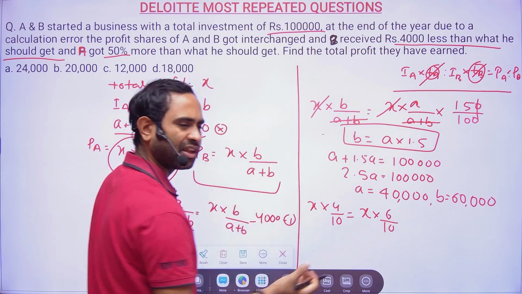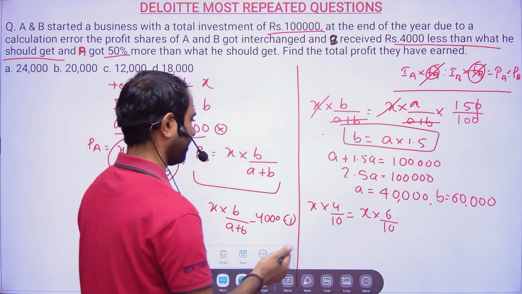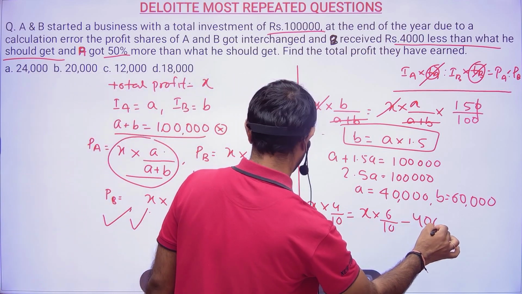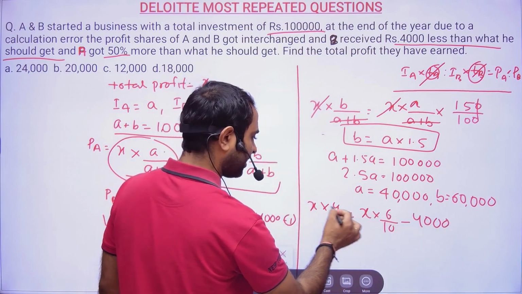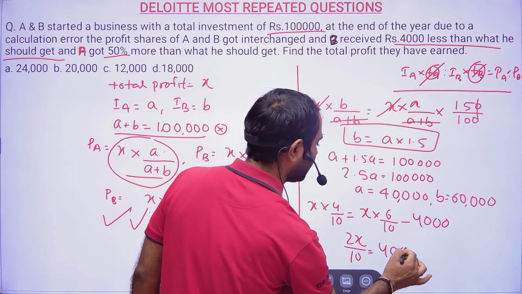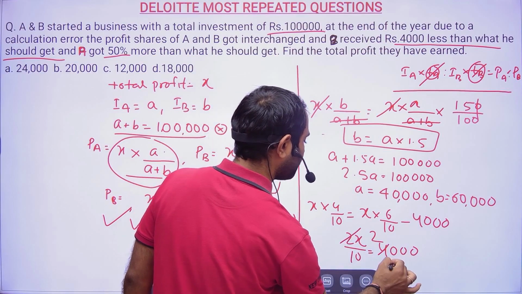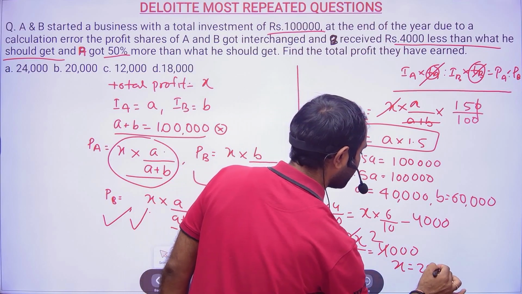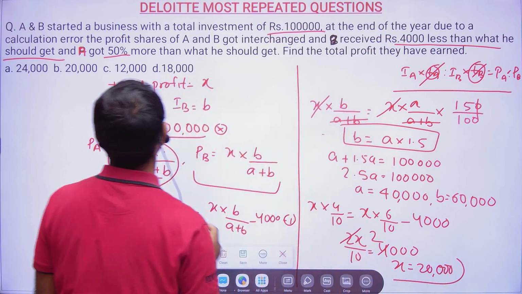See, if you write 60,000 by 1 lakh, it will give you 6 by 10, minus 4,000. Then 6X minus 4X, 2X by 10 will be equal to 4,000. 2 will divide this by 2 times, so X will be equal to 20,000. So total profit is nothing but 20,000.